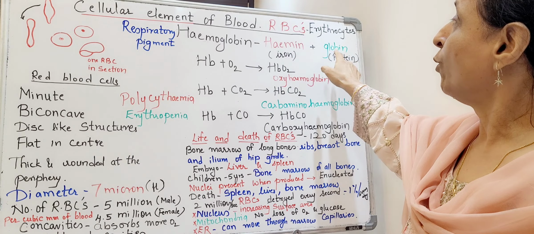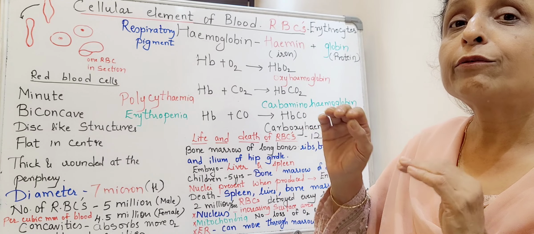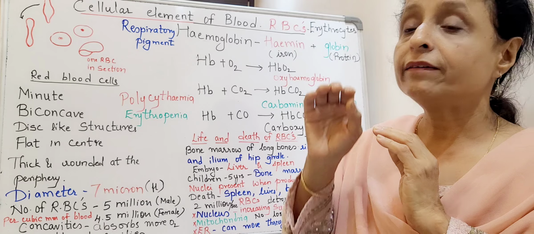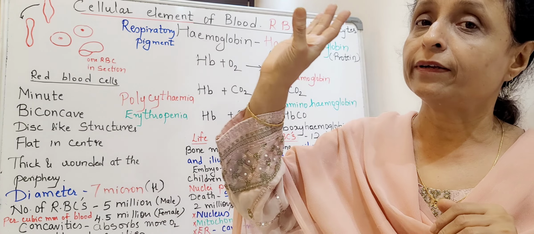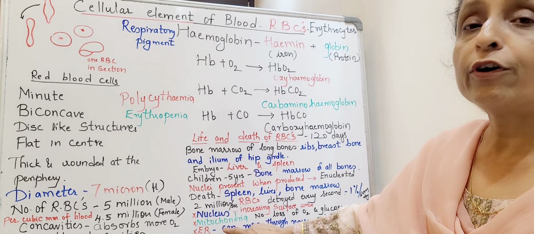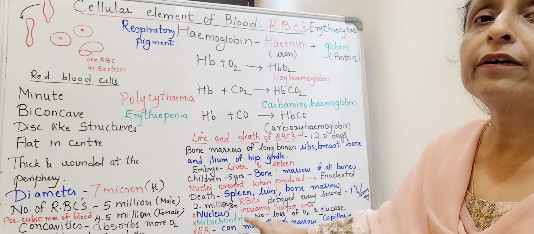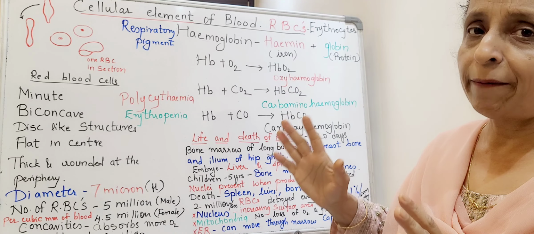Then endoplasmic reticulum is also absent here, so that they become minute and are able to move freely through the capillaries. So all these organelles, nucleus, mitochondria, endoplasmic reticulum, they give up, for it's an adaptation.